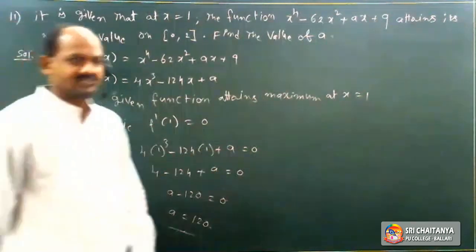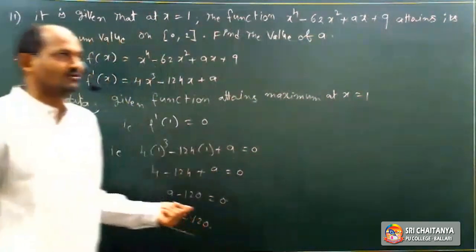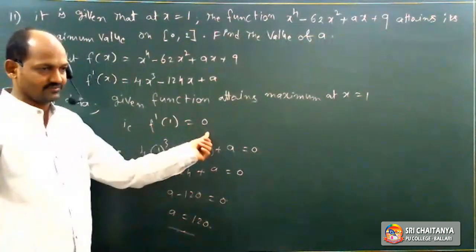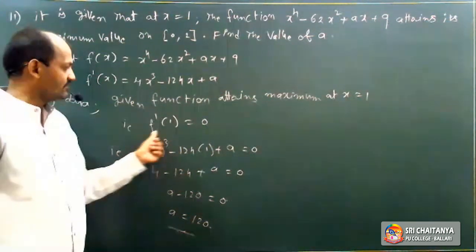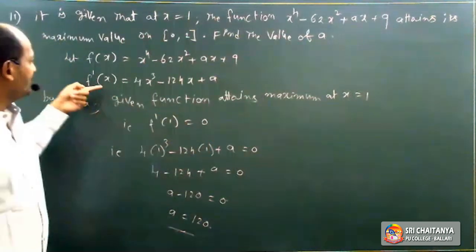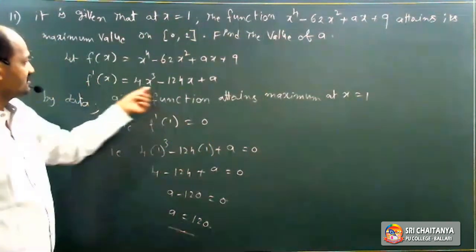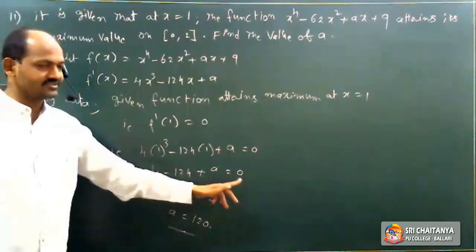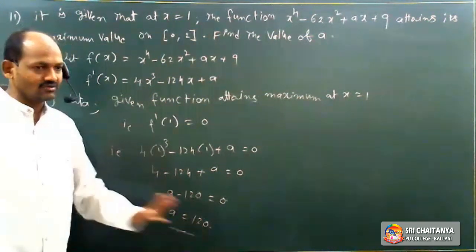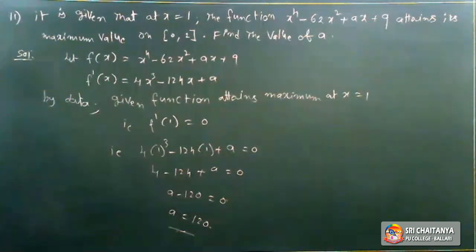The general condition for maximum or minimum is first derivative equal to 0, that means f dash of x equal to 0. But here, given at x is equal to 1, so f dash of 1 equal to 0. So it is the first derivative at x is equal to 1. So 4 minus 124 plus a is equal to 0. We get a is equal to 1. Right.